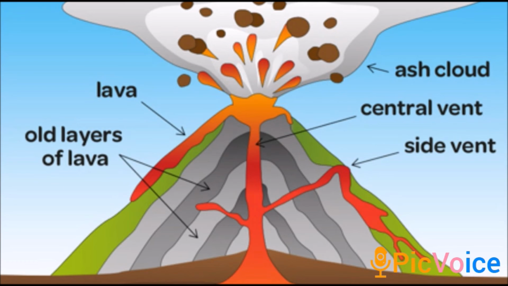When this is happening, many times the layers will be formed. Many layers will be formed, and this forms the cone shape, which is called the volcanic mountain. For example, Mount Mauna Kea and Mauna Loa, then Mount Popa, then Mount Vesuvius, and then Mount Fujiyama. These are all the examples of volcanic mountains.